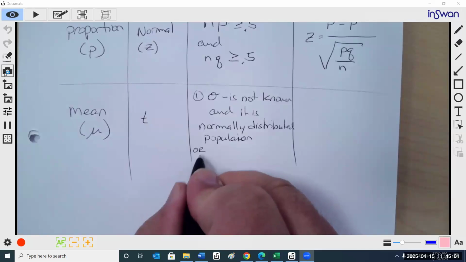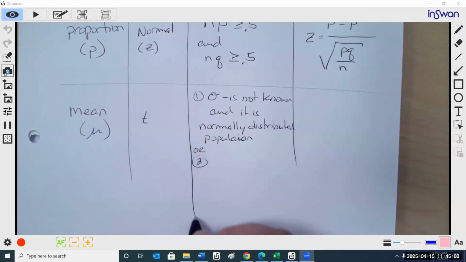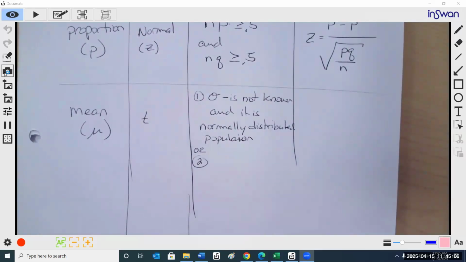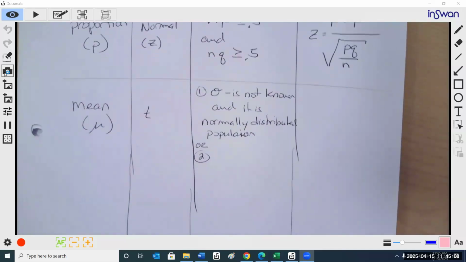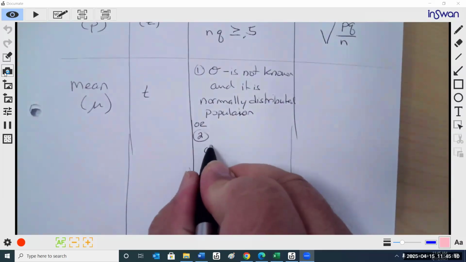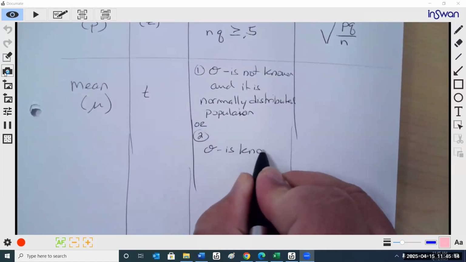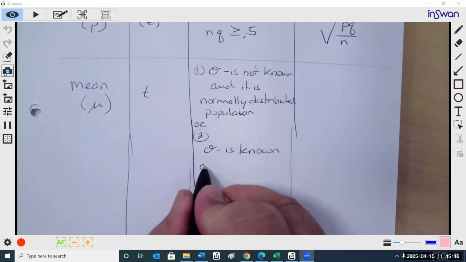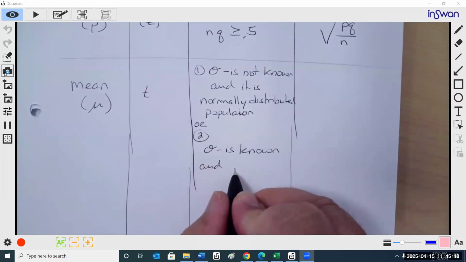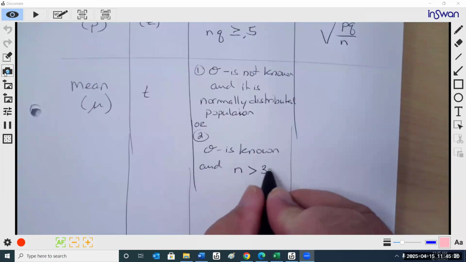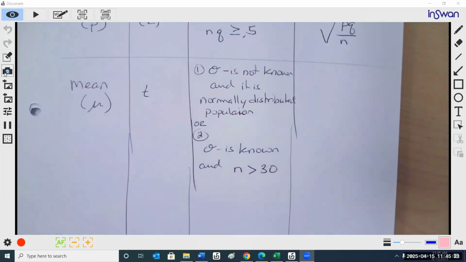or we can look at these other conditions, where the standard deviation is known and our sample size is bigger than 30. Now, why is that important?